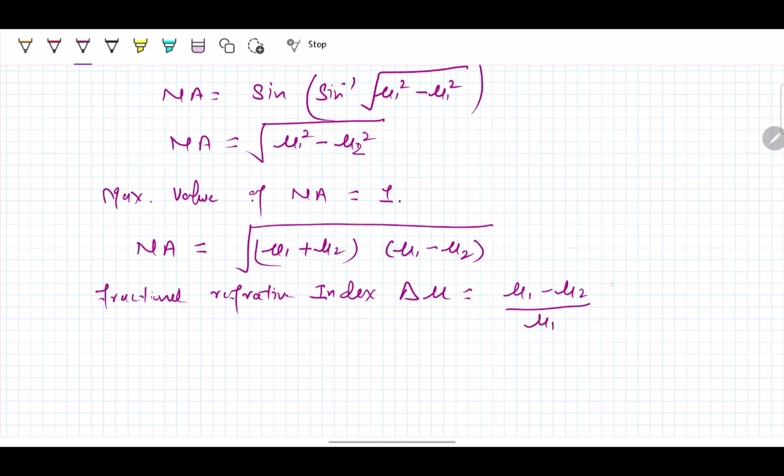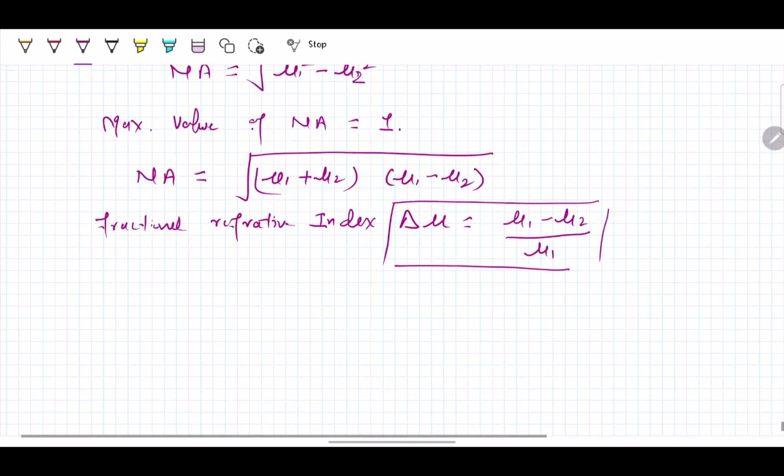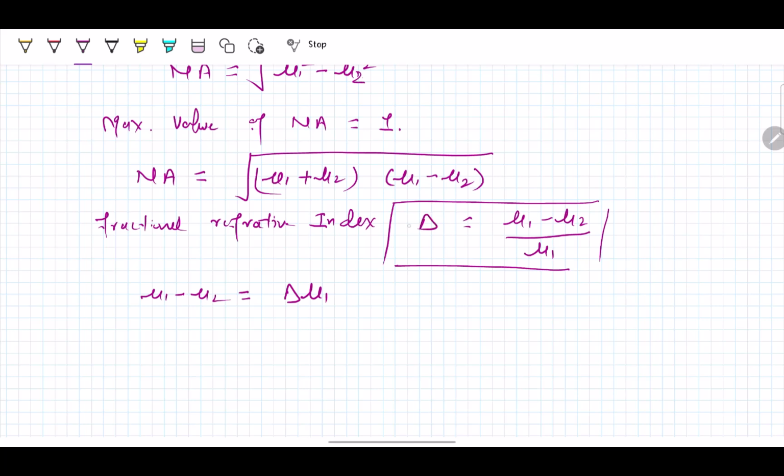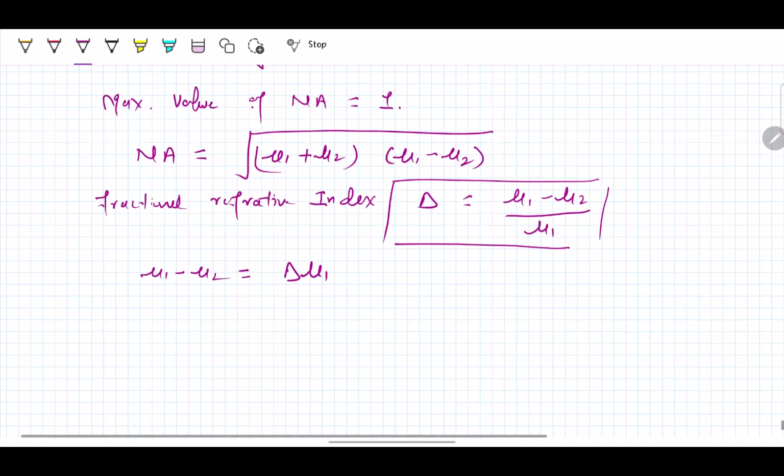This is the formula to find the fractional refractive index, and from here we can find mu_1 minus mu_2 equal to delta mu_1.